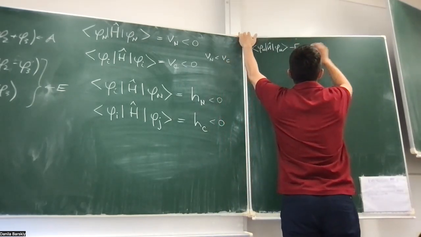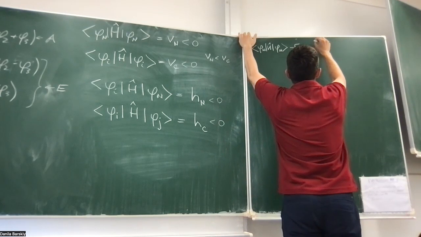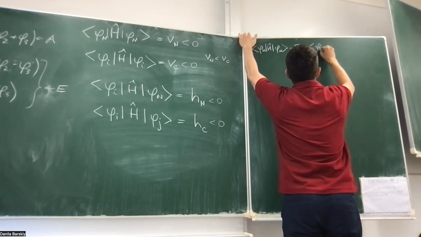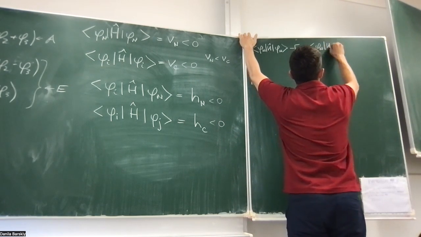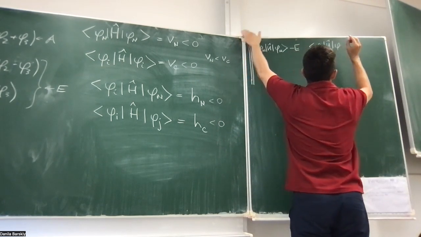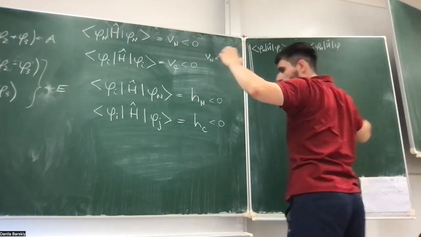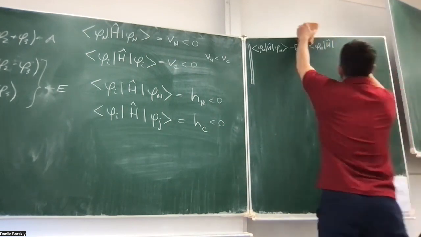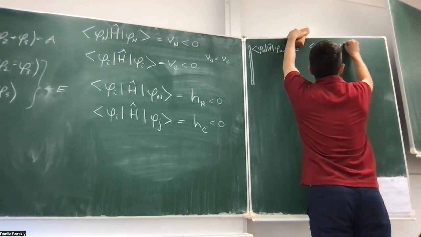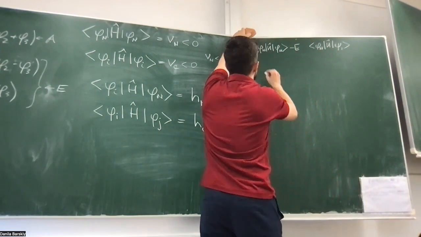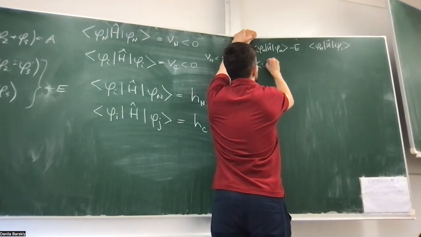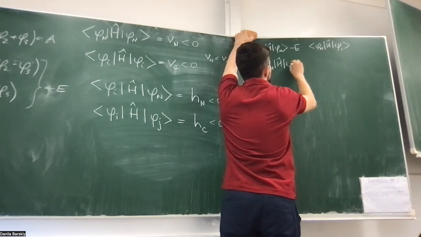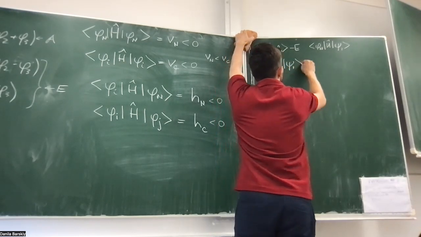Then we have nitrogen interacting with the wave function which has the same symmetry, which is this one. Then you have the same element again, because they're real. There's no difference in which order I write this.